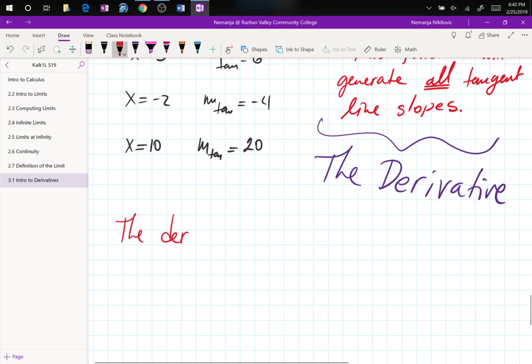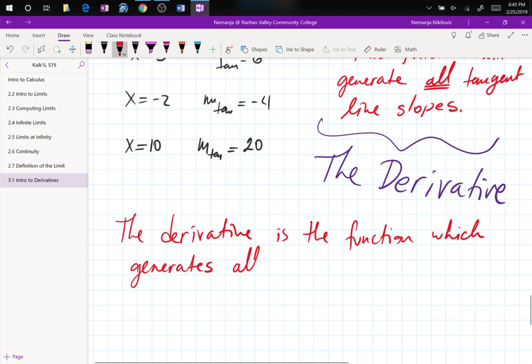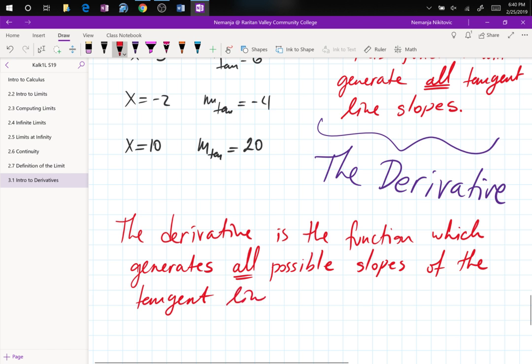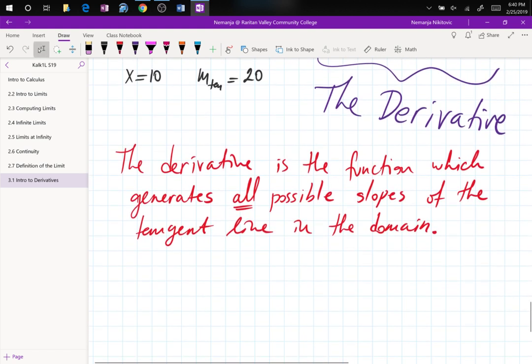The derivative is the function which generates, or gives, all possible slopes of the tangent line in the domain. That's what the derivative is.